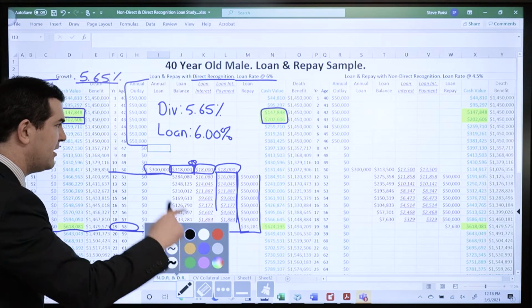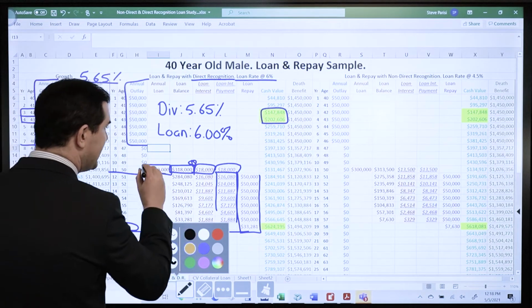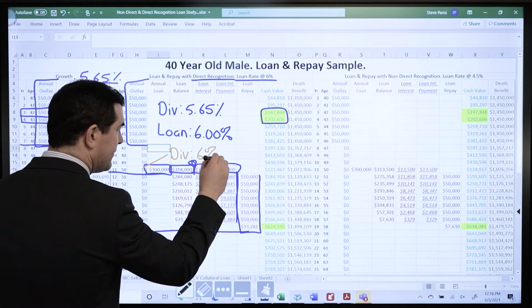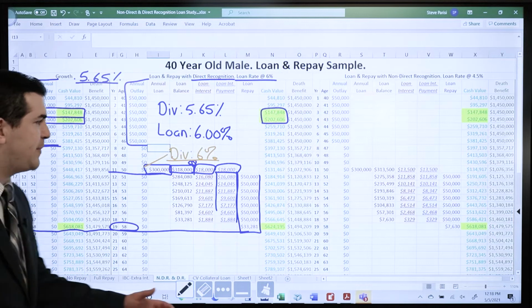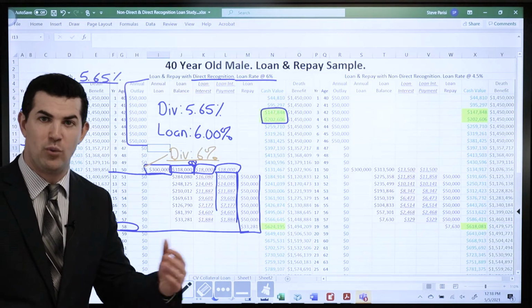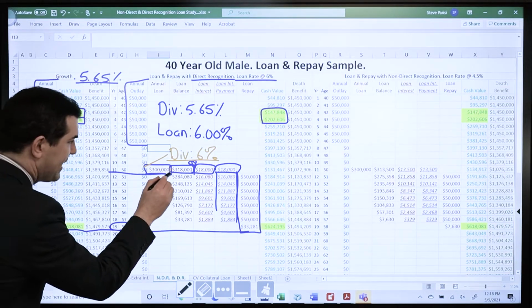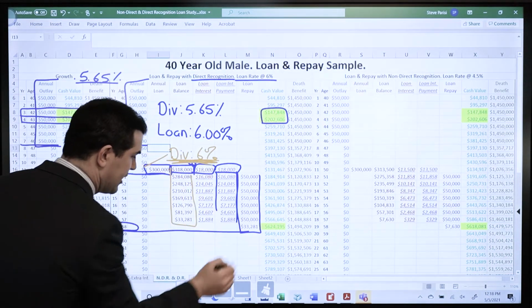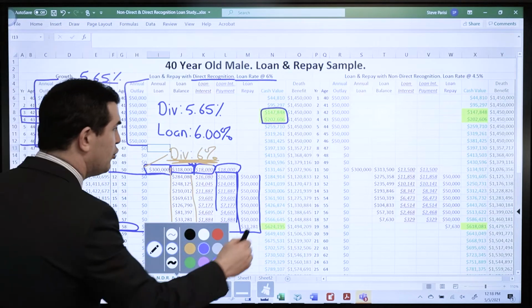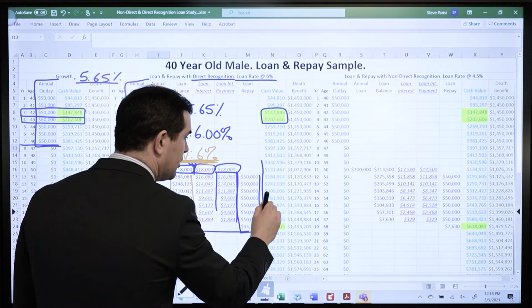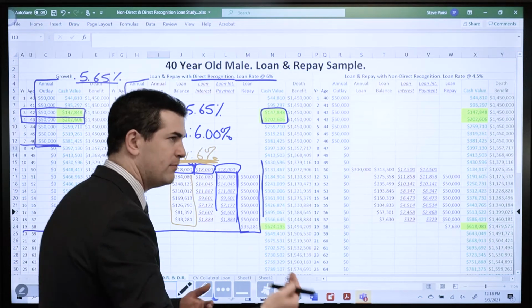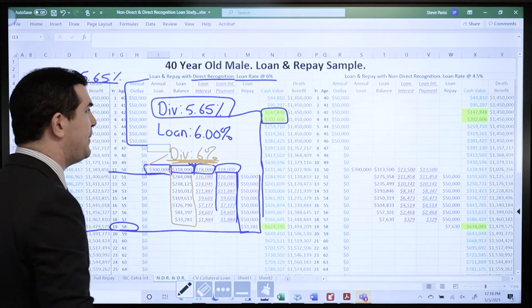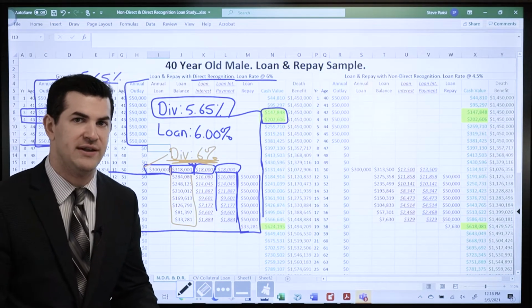The company looks at it, directly recognizes it, and pays a dividend rate of 6%. So what happens when it's paid back, or I should say before it's paid back while I'm repaying it, is that loan balance, whatever that is, receiving that 6% dividend rate. Whereas the cash value, whatever's still remaining in cash value or equity, if I want to relate it to loaning against real estate, is receiving the company's basic 5.65% dividend rate.